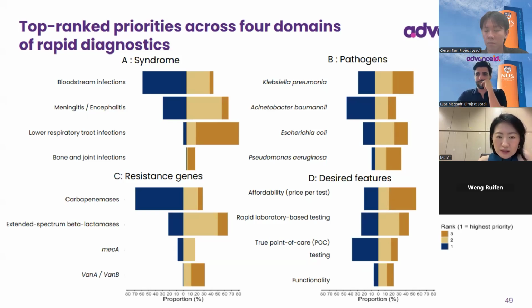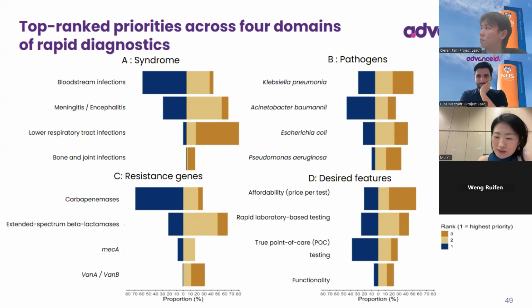The top concern is Acinetobacter baumannii, which from our ACON HAI surveillance study has been identified to carry the highest mortality burden in the region. This is followed by Klebsiella pneumoniae as well as E. coli.